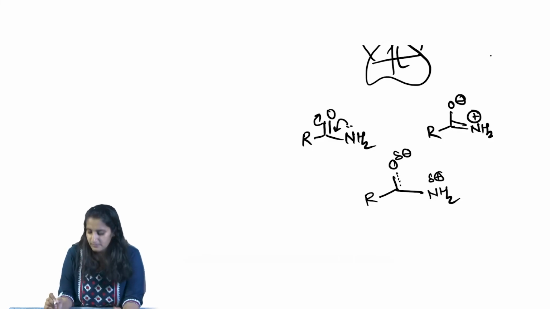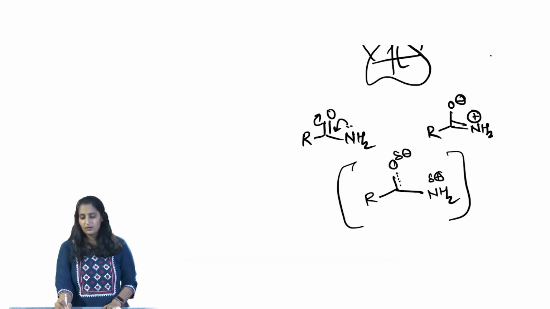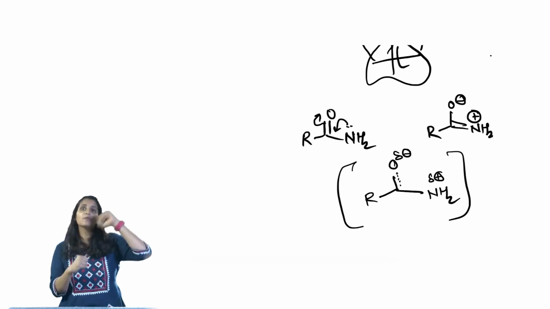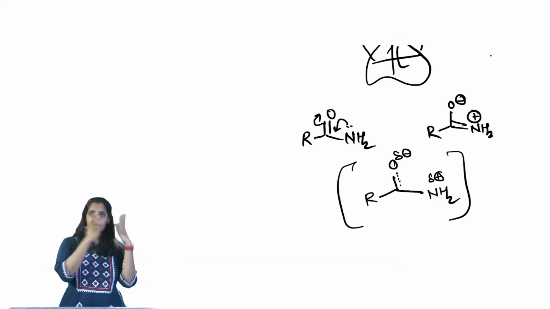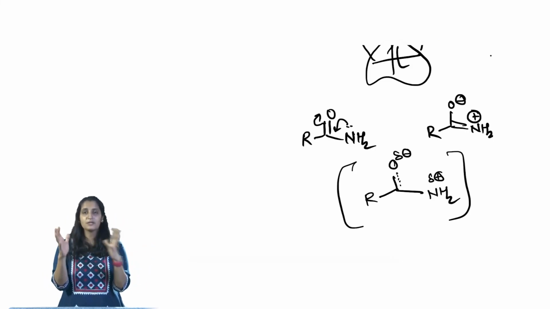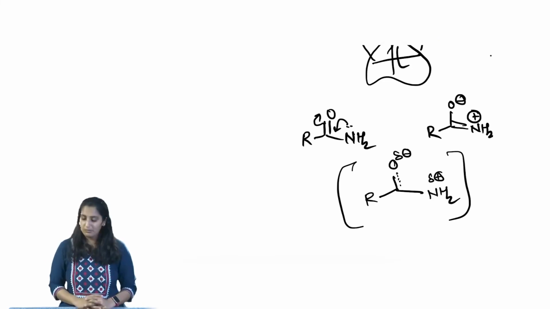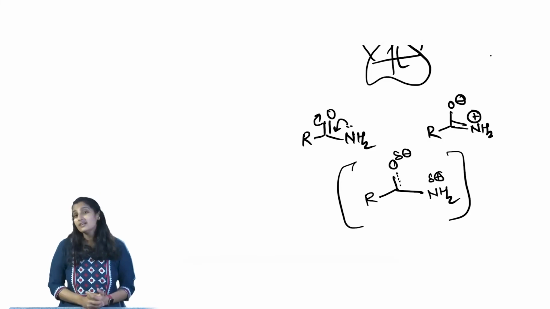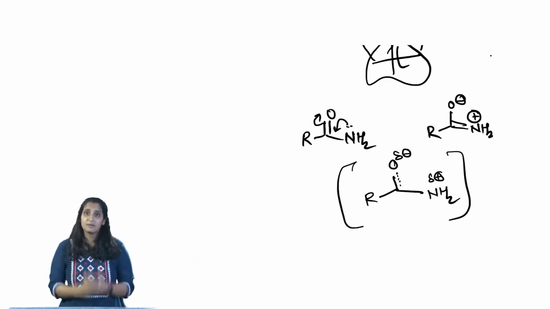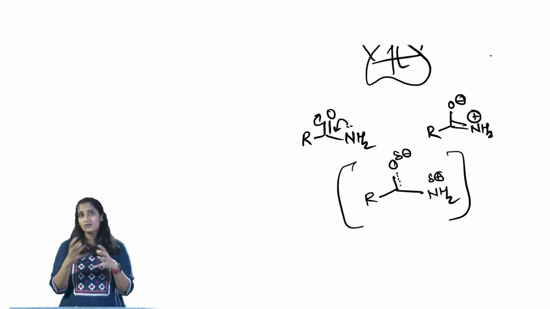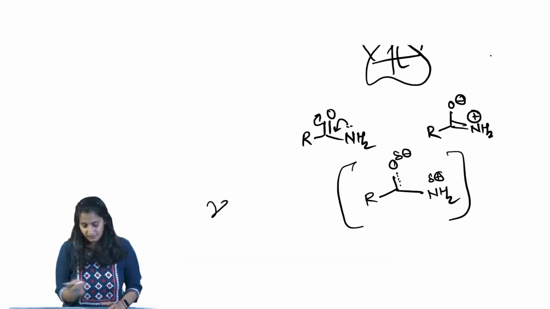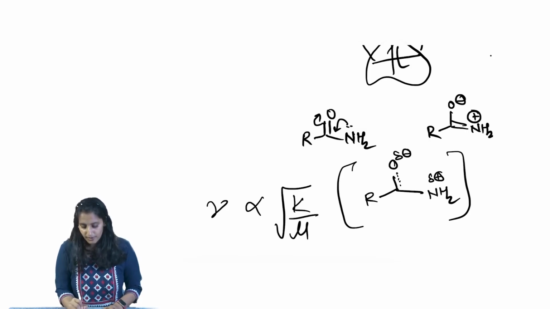That is the resonance hybrid of this particular molecule, the amide, and the carbon oxygen bond is no longer an intact double bond, it is a partial double bond, kind of a mixture between a single and a double bond, and thus it is not as strong. And one of the ways to look at it is based on the IR spectrum, because remember we talked about IR and we talked about how the frequency or wave number at which we really see the IR is proportional to root of k by mu.